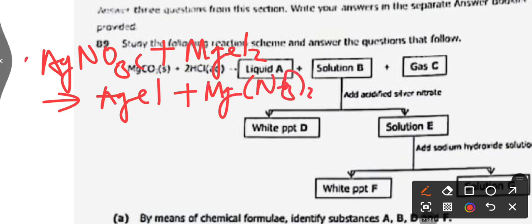We have 2 here and 2 here. When writing an ionic equation, the key step is that the aqueous chemical substances should be split. The aqueous substances that we have are silver nitrate, magnesium nitrate, as well as magnesium chloride.